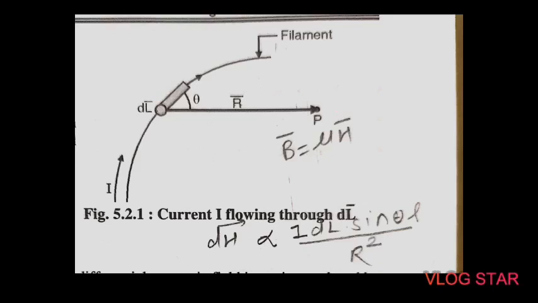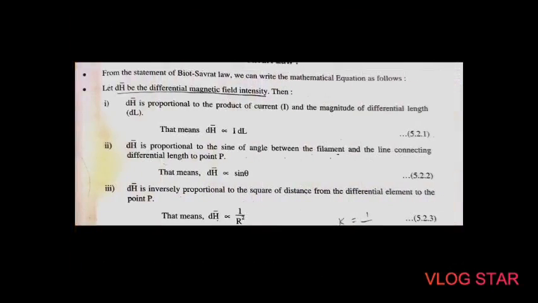Now we want to prove that equation. For that we can write the first mathematical equation: dH bar is proportional to the product of current and the magnitude of differential length dl. So we can write dH bar is directly proportional to I dl. The second thing is that dH bar is proportional to the sine of the angle between the filament and the line connecting the differential length to point P, that is dH bar is directly proportional to sin theta.